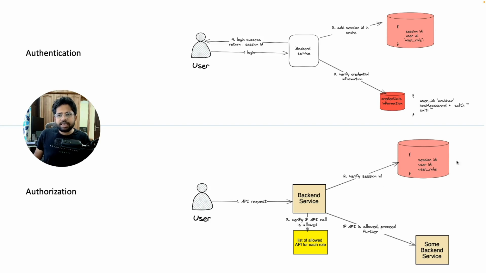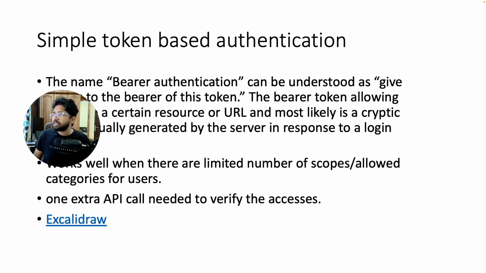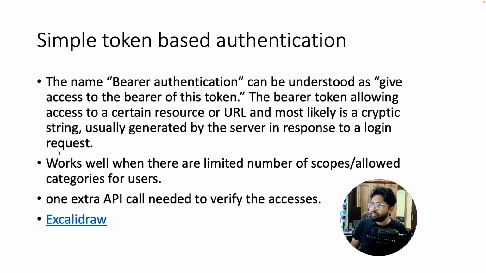But scaling is a challenge, because now you have one single storage, and not just one but tens or hundreds of backend services will keep making calls to this storage, so that can be the problem. That was the simple authentication mechanism which used to exist in the past. It works well with a limited number of scopes and allowed categories, because it's simpler to handle, and in the limited scope it works fine.